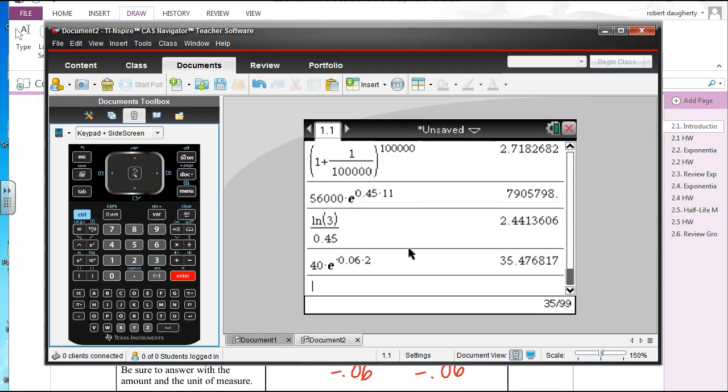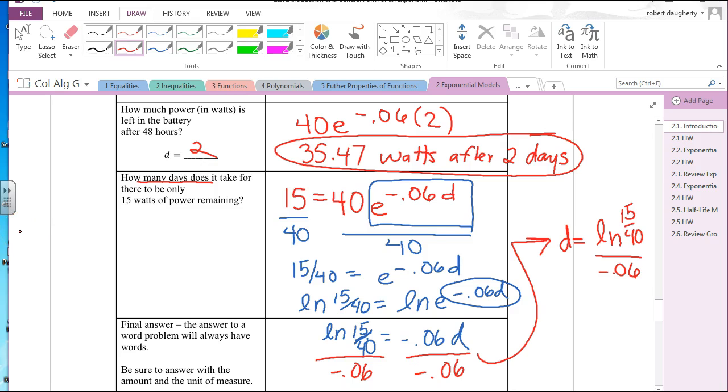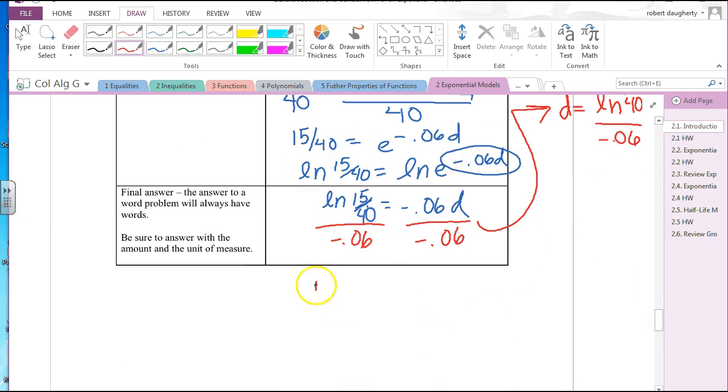We will go further. So I will go natural log 15 over 40 divided by negative 0.06 equal 16.35. So I get my answer is 16.35 what?